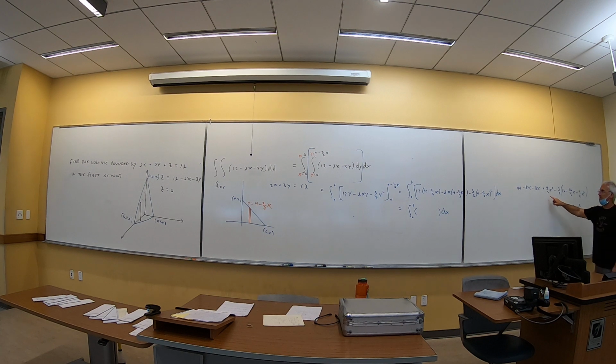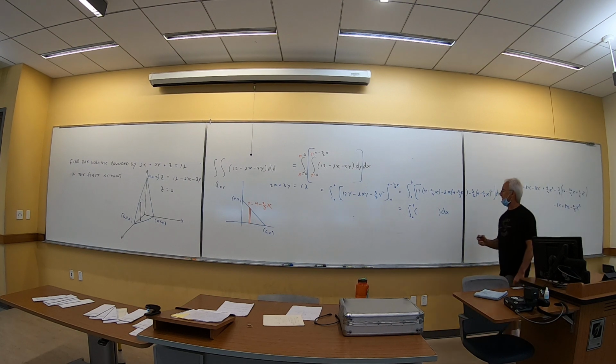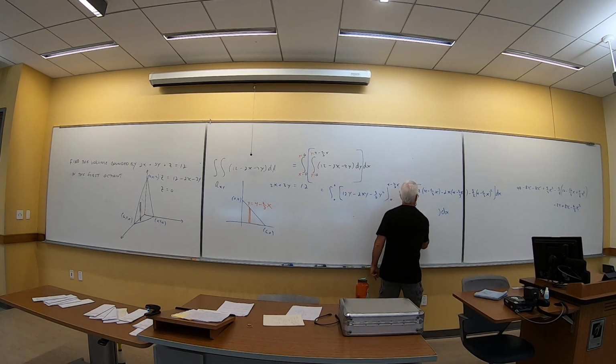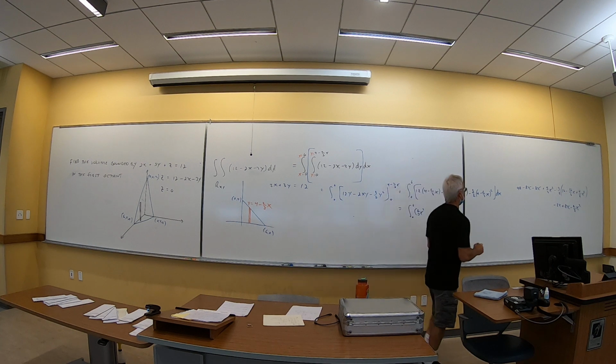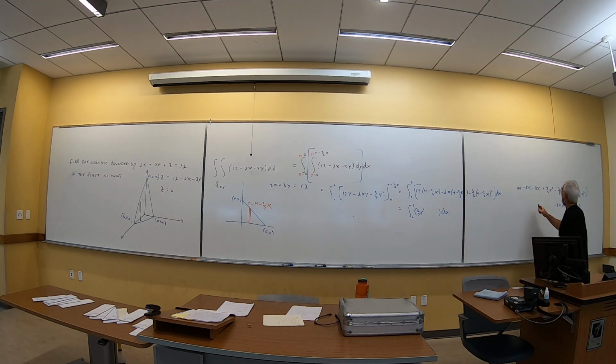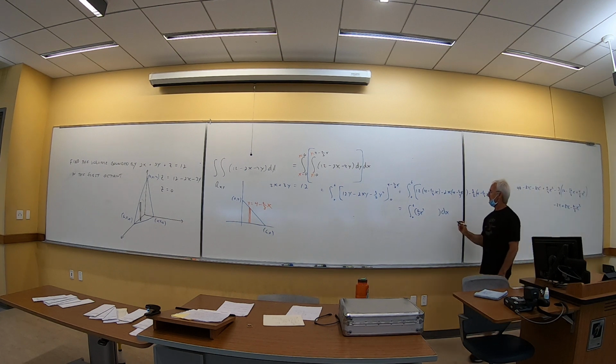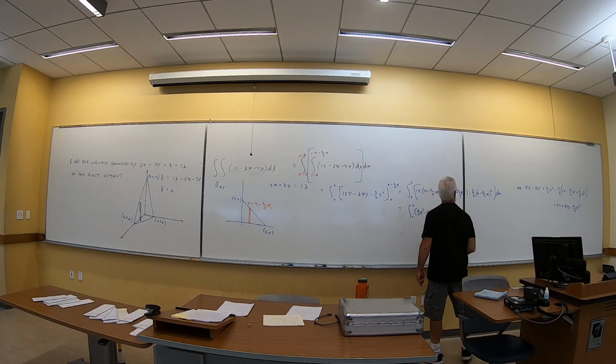Looks like I haven't messed this up entirely. I have 4/3 x squared minus 2/3 x squared. That's 2/3 x squared. How about x's? I have a negative 8x, a negative 8x, a plus 8x, so that's minus 8x.